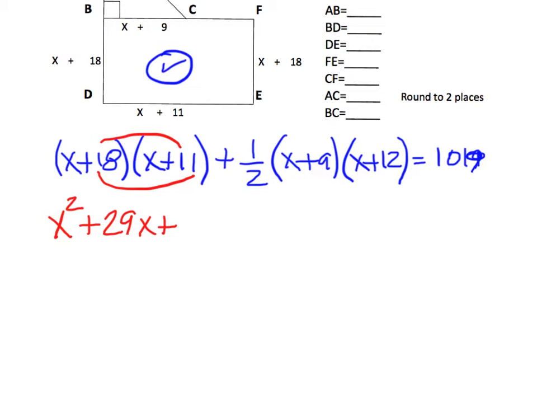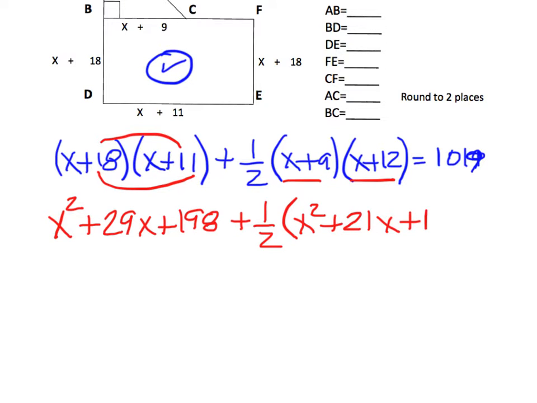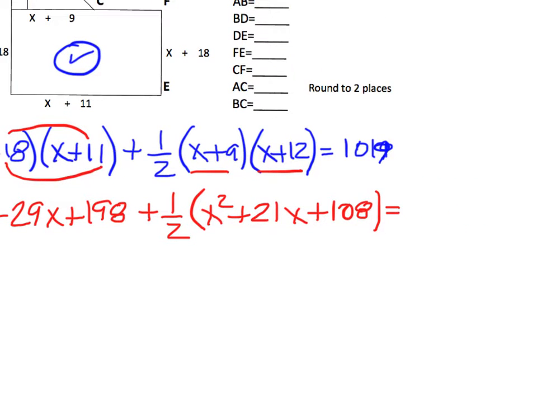So 18 times 11 is 198. And then plus 1/2 times this quantity, x plus 9, times this quantity. That's x squared plus 21x plus 108. And of course all of that is equal to 1019 still.